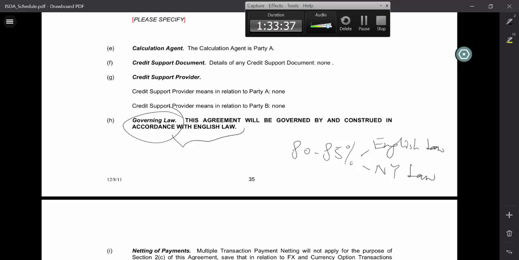It is because English law and New York law together have a very, very rich tradition of commercial dispute resolution.